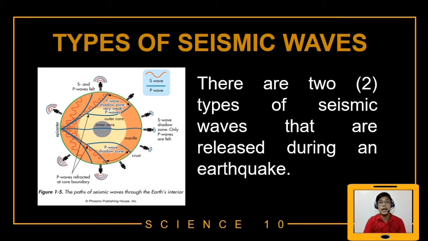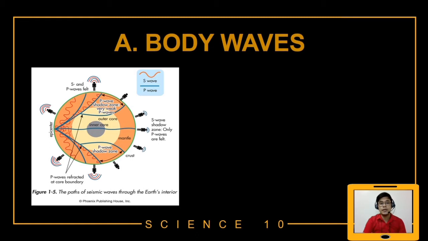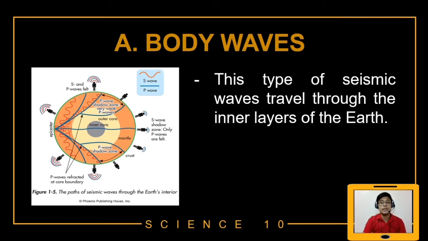Actually, there are two types of seismic waves that are released during an earthquake. And as you can see in figure 1-5 on your screen, this shows the paths of seismic waves through the Earth's interior. And we are going to discuss the two major types of seismic waves. Let's proceed with the first type, which is the body waves. Body waves are the type of seismic waves that travel through the inner layers of the Earth.